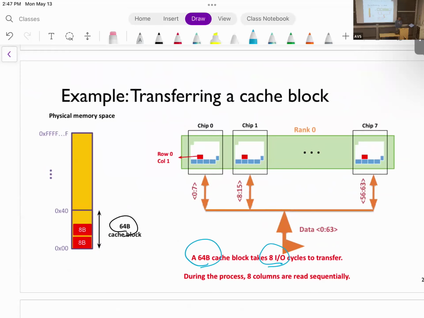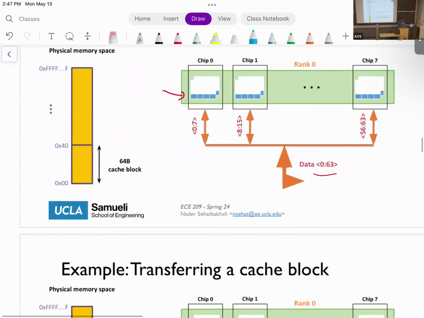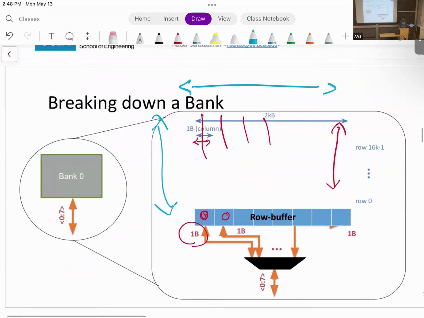What is the function, sorry if I missed it, of the buffer for each bank? The row buffer. We're actually going to get into it, but keep in mind that selecting a row and bringing data to the row buffer takes a lot of time. So if I anticipate that after I read this byte, very soon I'm going to read this byte and this byte and this byte, what I can do is retain the data inside the row buffer.